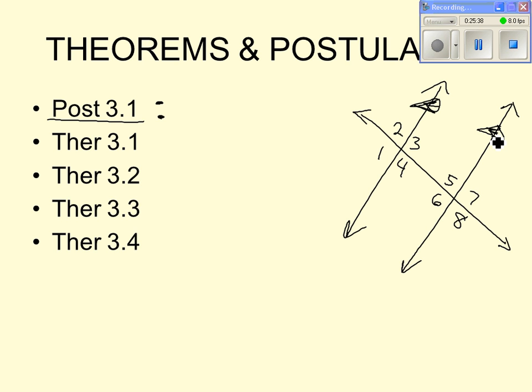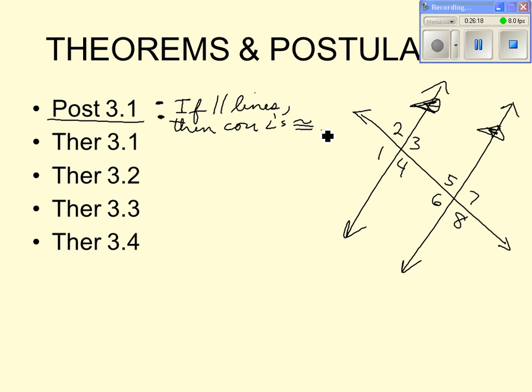Postulate 3.1 tells us about corresponding angles, and it says if parallel lines, then corresponding angles have to be congruent. So that's just a shortened form. So if they want you to tell them why these angles are congruent, then you can write that shortened form instead of writing out that whole theorem. So if you have parallel lines, then you know that corresponding angles are congruent.